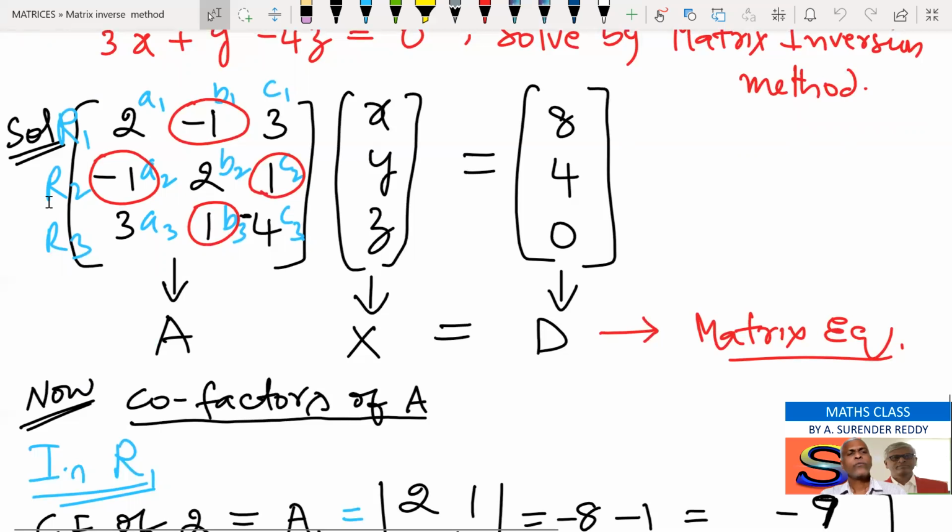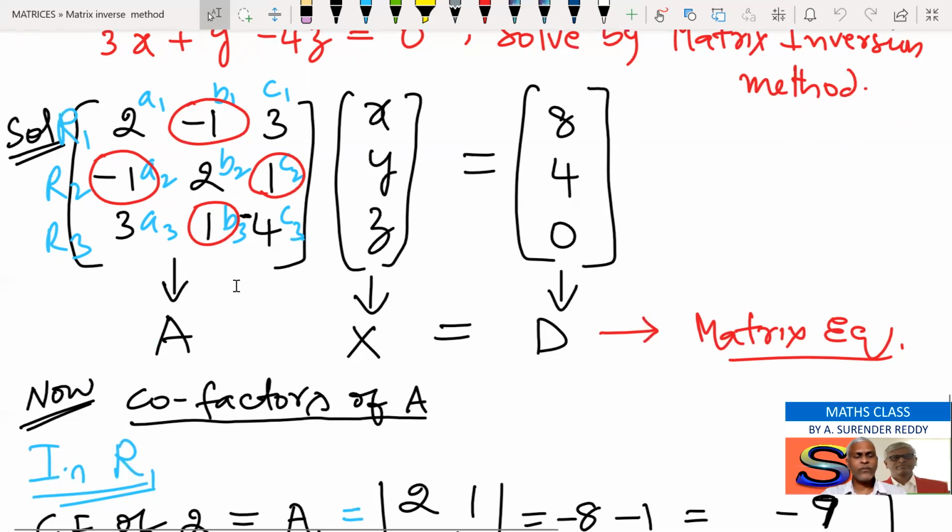Like that, for R2 also, for the first element, minus 1 lies in R2 and C1. So eliminate R2, C1 and take the remaining 4. For the middle element 2, this lies in R2 and C2, second row and second column.